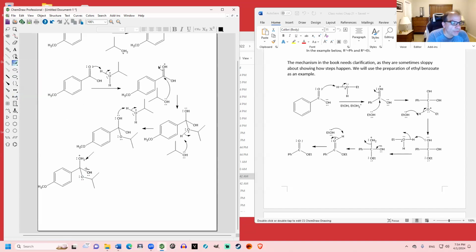And we can use a lone pair from the OH group to help to expel the leaving group.